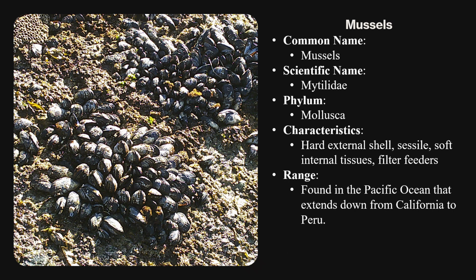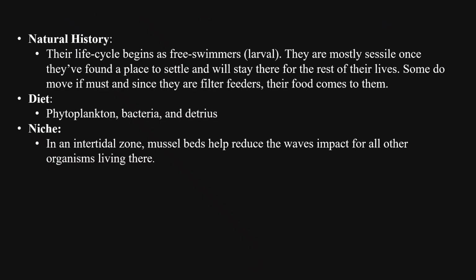Next are the mussels. These guys are a mollusk species. They have hard exterior shells and soft tissues. They are also filter feeders and can be found in the Pacific Ocean. These guys start out life as a larva or free swimmer. Once they're big enough, they will find a spot to settle and stay there for the rest of their lives as a sessile organism.